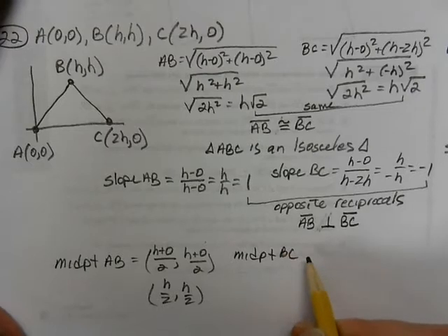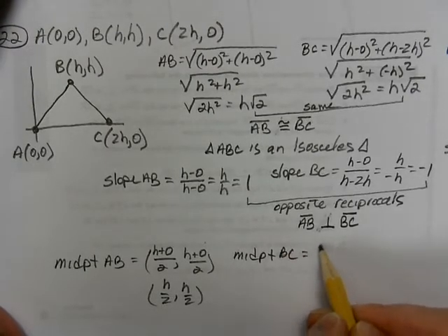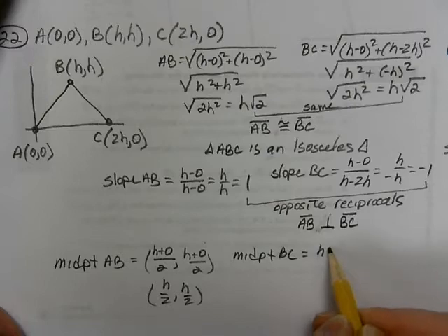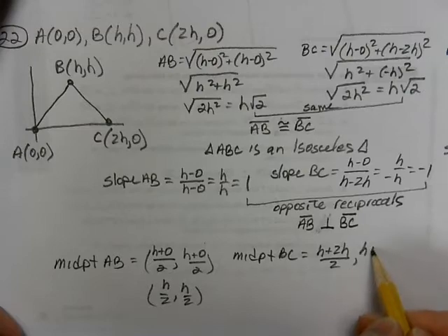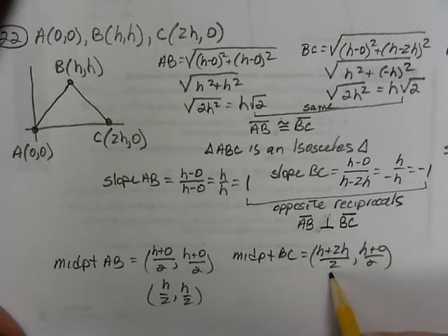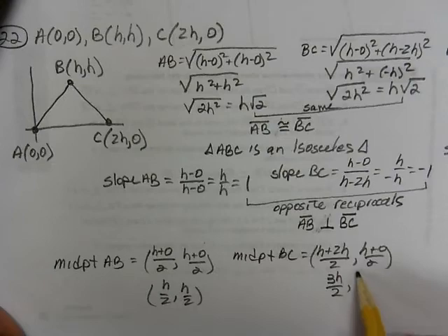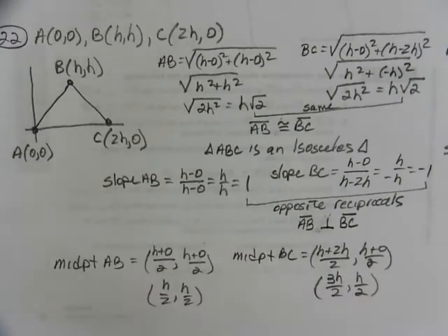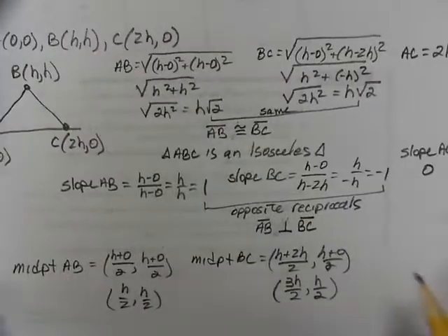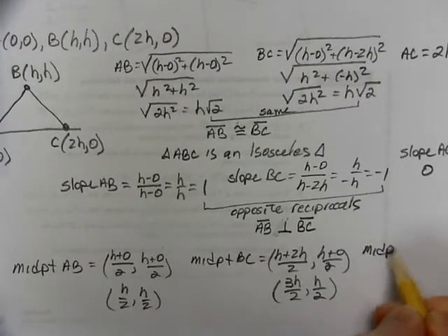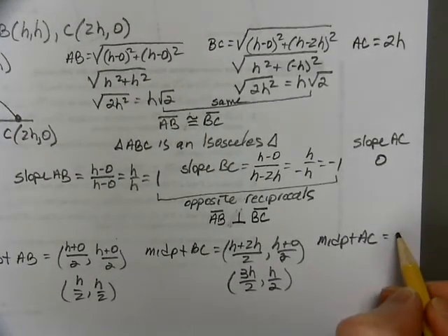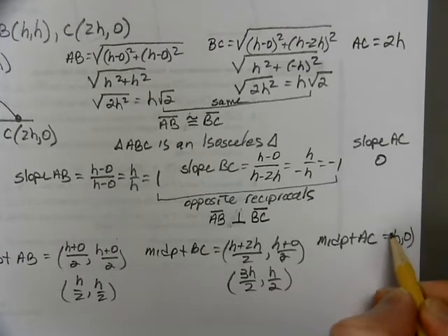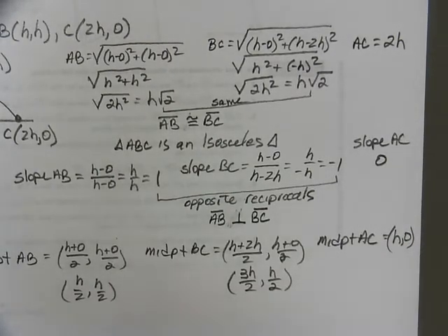The midpoint of BC is h plus 2h, those are your x's over 2, and your y's over 2. And then of course we know the midpoint of AC is going to be at h comma 0 because it's half the distance to 2h.